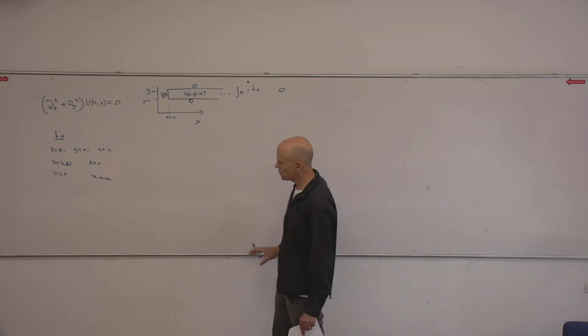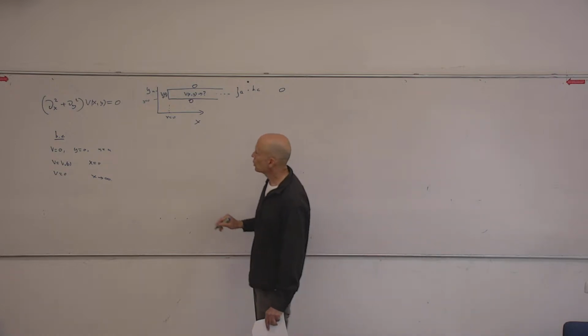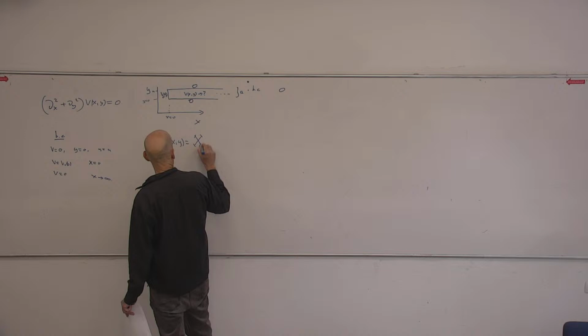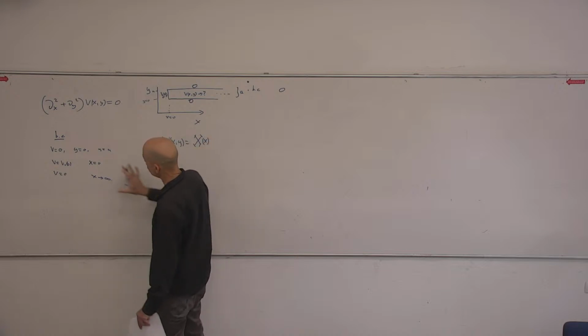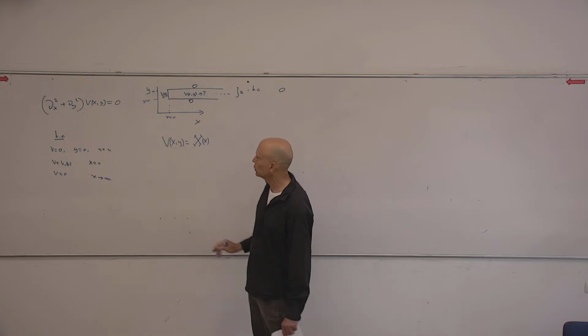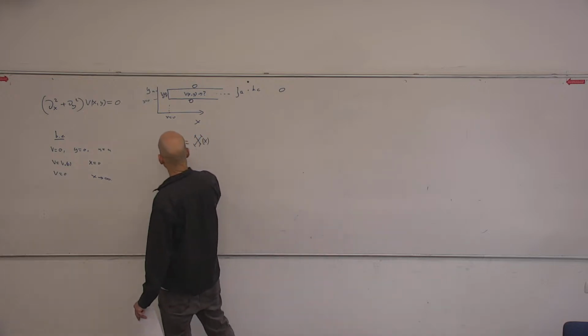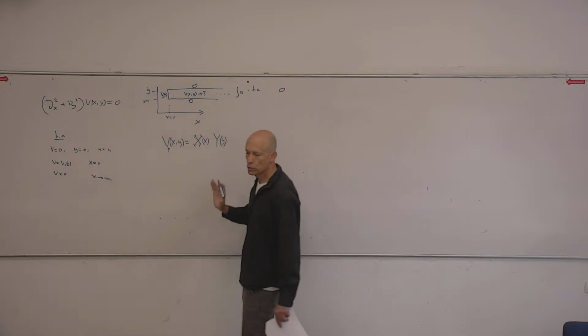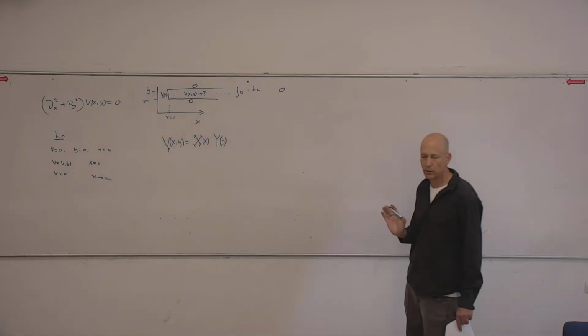And how do we do this? This is just a reminder. What we do in general is we write a solution which is not satisfying the boundary conditions at this stage. So this is a particular solution, V(x, y) = X(x)Y(y), and this is called the separation of variables method.